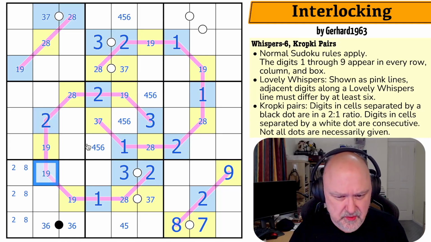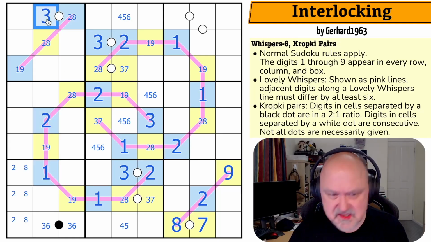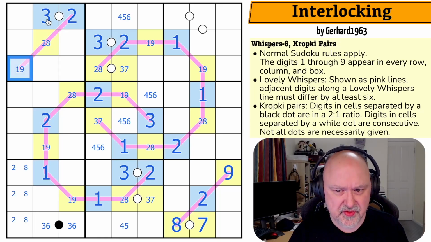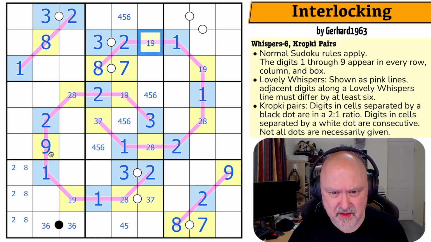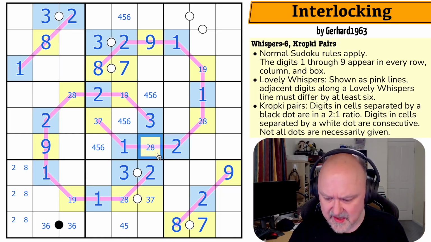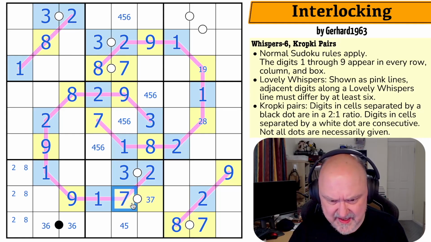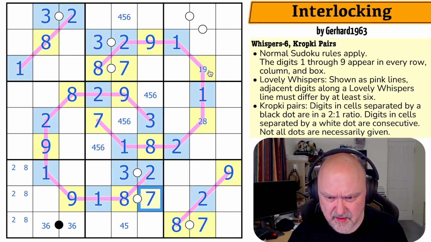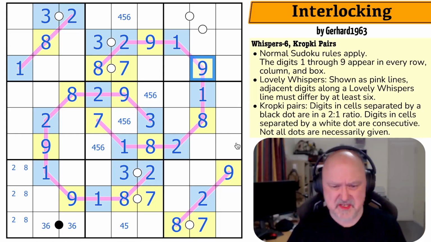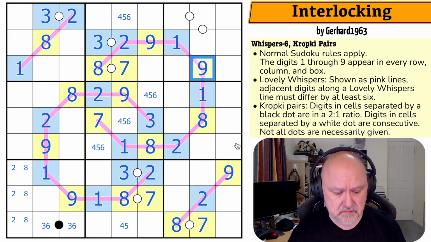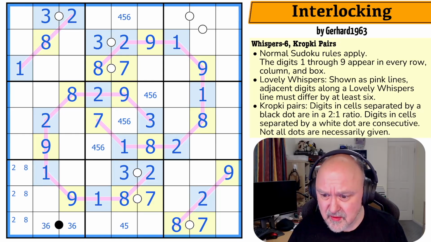This is the 2, this is the 1, this is the 3, this is the 2, this is the 1, and then the high digits. We've got the 9, the 8, the 7, the 9, the 8, the 9, the 7, the 8, the 9, the 8, the 7, the 8, the 9, and that's all of those digits, and I'm done with the colouring. The colouring is now completely done.